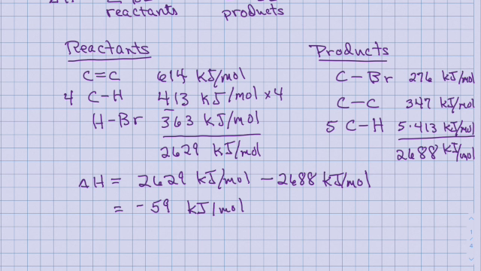And again, the idea is we just take the bond energies of the reactants and subtract from that the bond energies of the products, making sure that we count the number of bonds correctly. Reactants minus products gives us delta H for the reaction. So I hope that's clear. If you have any questions, make sure you ask.